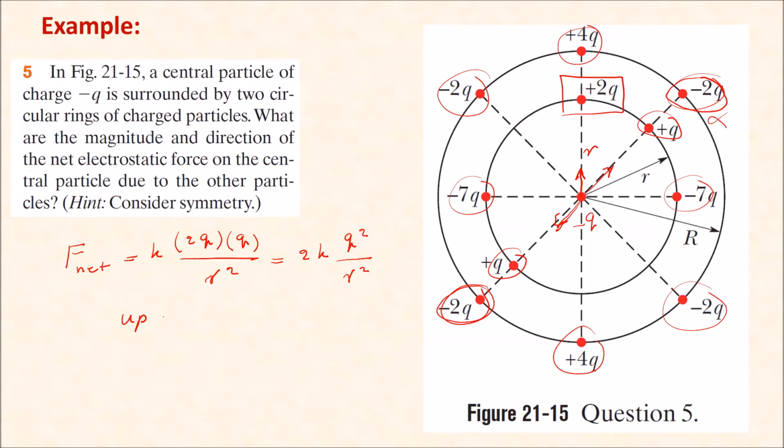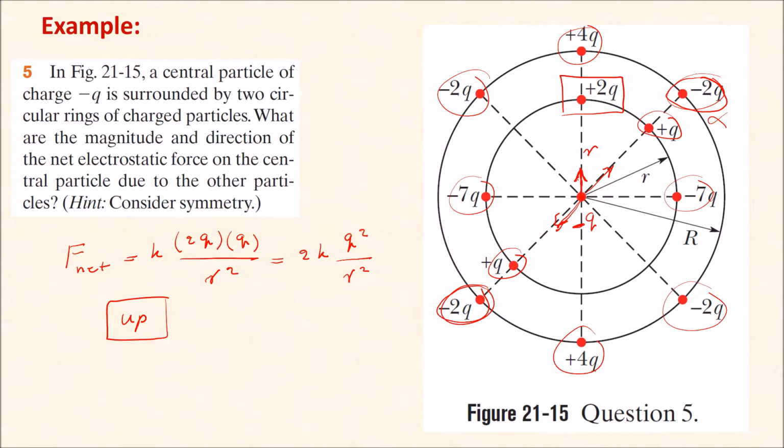But in terms of the final answer, because this one is negative q and this one is positive, it's attractive. So the force on the central particle will be toward that, right? Remember we said that the force is toward the other particle if the charges are opposite, and is away from that other particle if the charges are the same. All right, thank you. You're welcome. Any other questions?